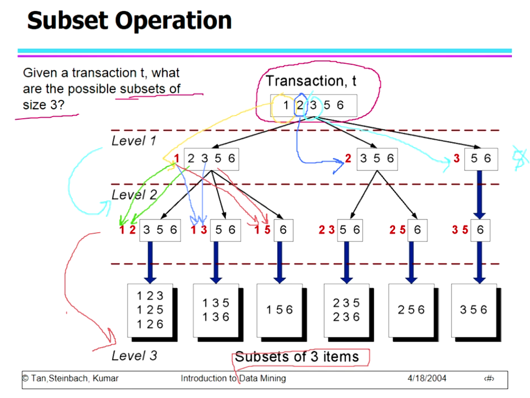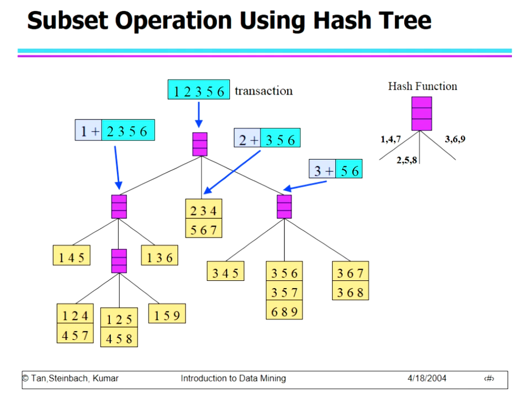After that, the second one, 1, 3, 5, 1, 3, 6, 1, 5, 6, etc. So this is the manner to extract subsets from a transaction. Here in our example, the size of these subsets equals 3. So if the size of the subsets equals 2, for example, in this case we have to add another level.